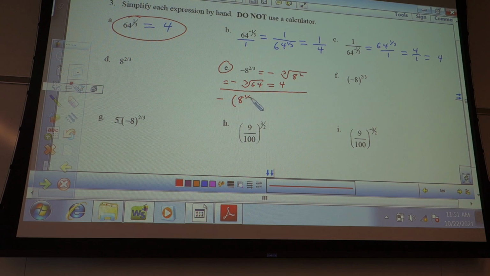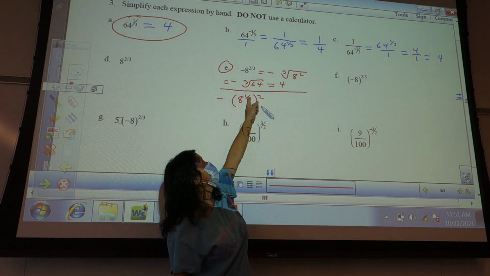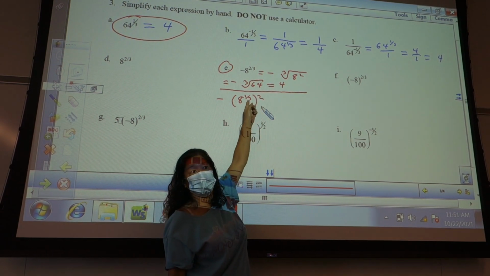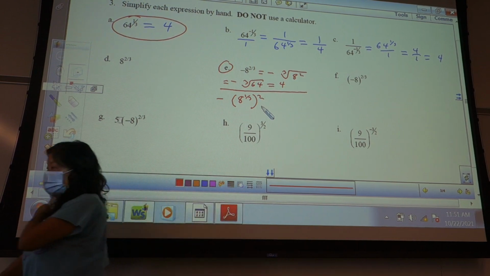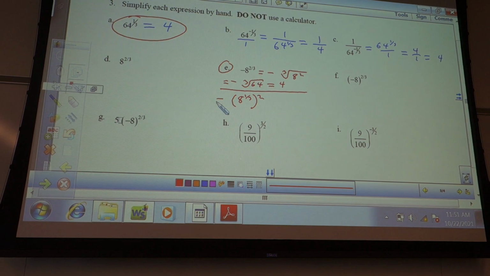Another way of doing it would be 8 to the 1/3 squared, because powers multiply. You can take the top part and put it on the outside and leave the bottom part. Or we could write it the other way around: 8 squared to the 1/3.